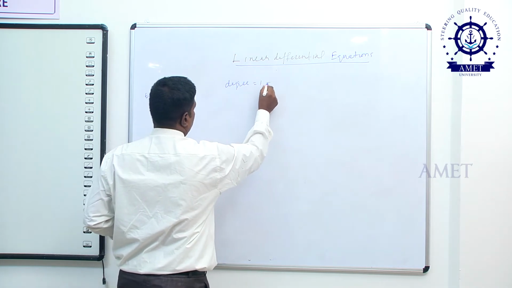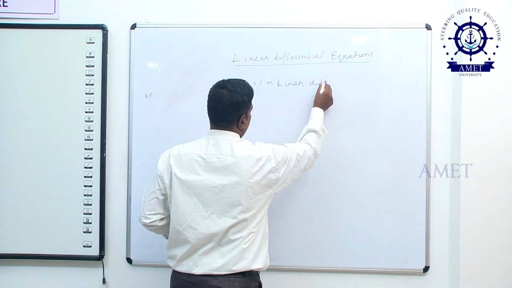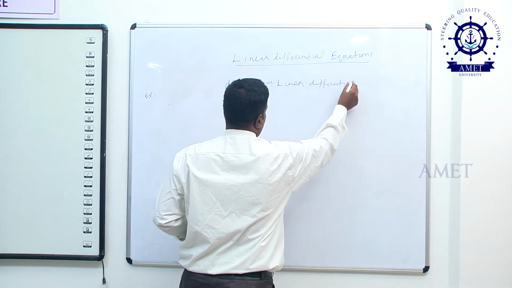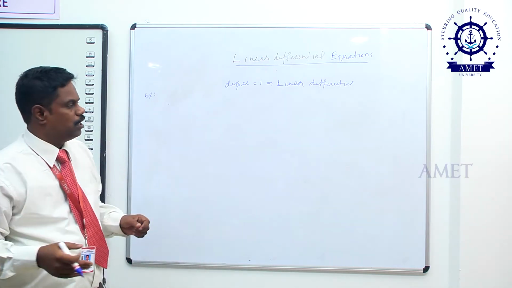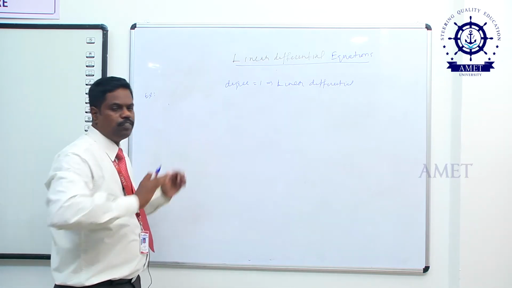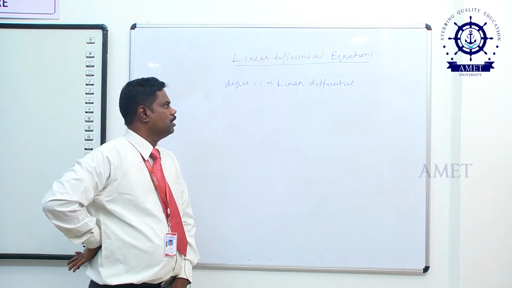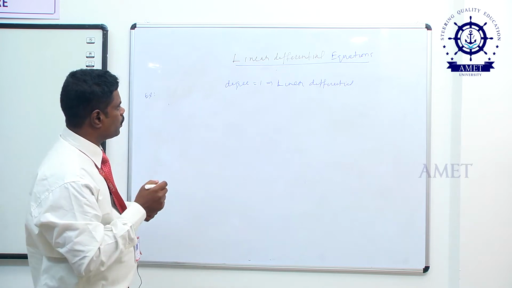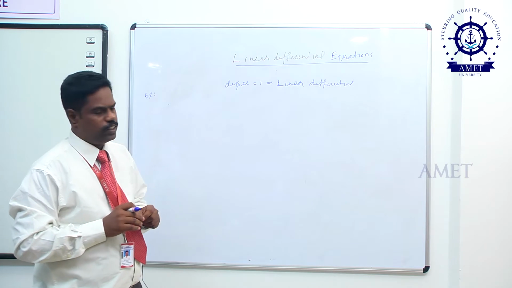The order may be anything: first order, second order, or higher order derivatives. This kind of equation is called a linear differential equation. Now I am going to talk about the second order differential equation.